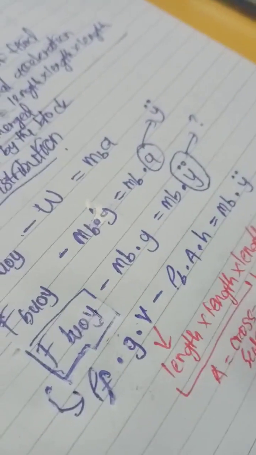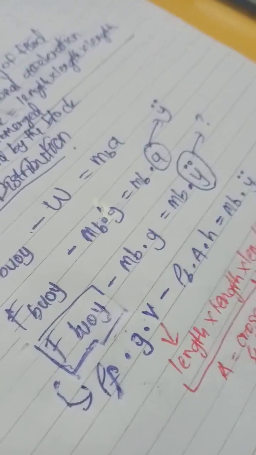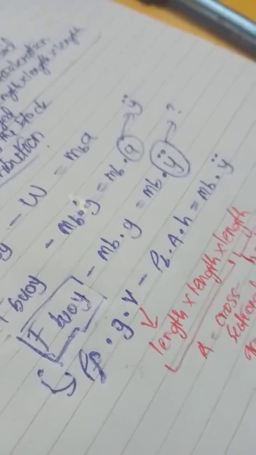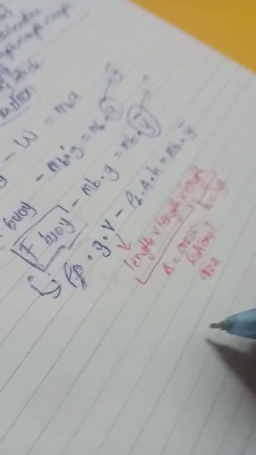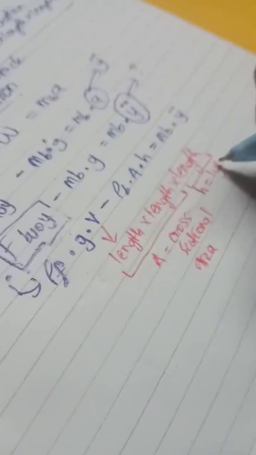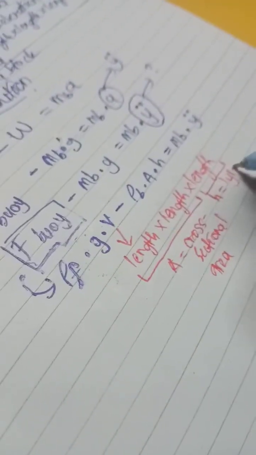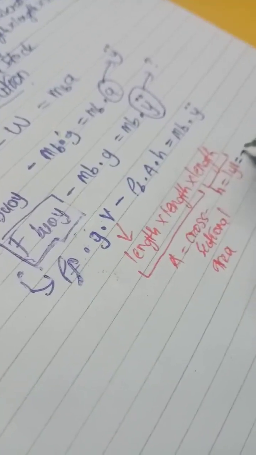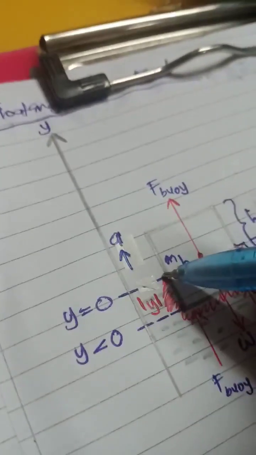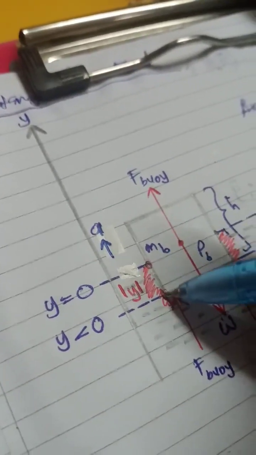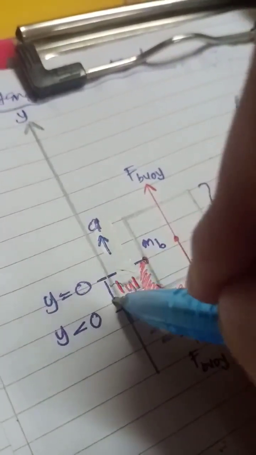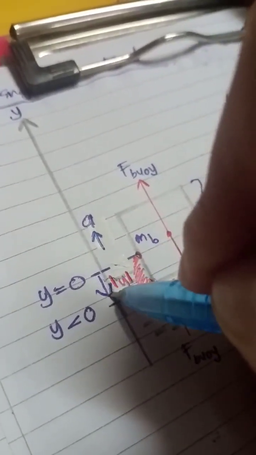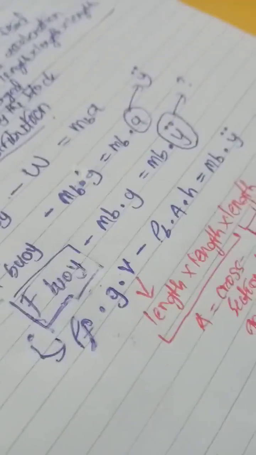From here to here is modulus y. Now, this modulus y we will present as negative. Why? Because it is measured from y equal to 0 until here, which is downward. So that means y double dot will be negative.